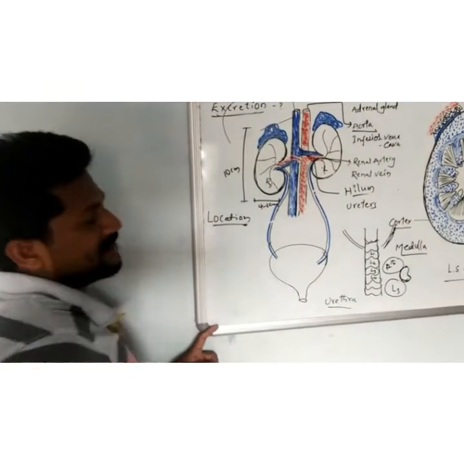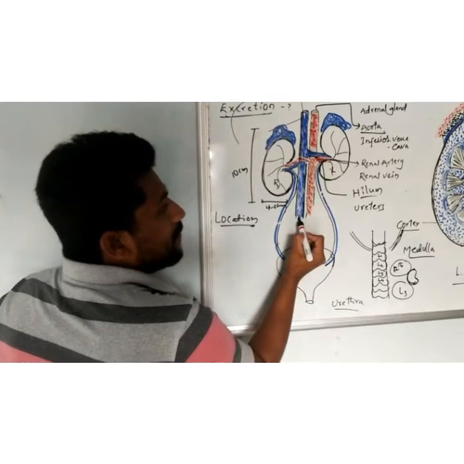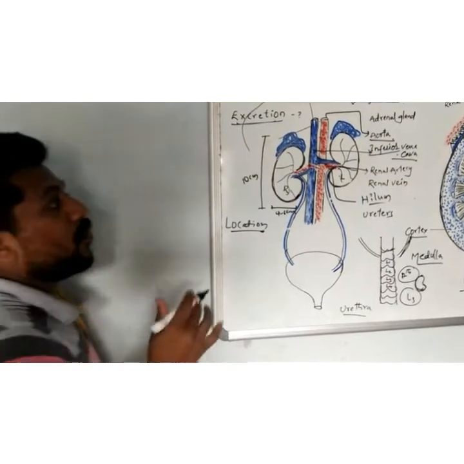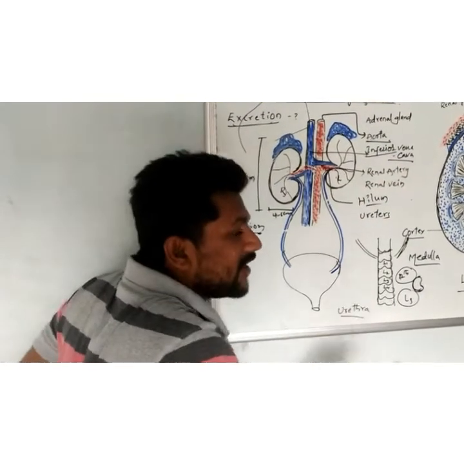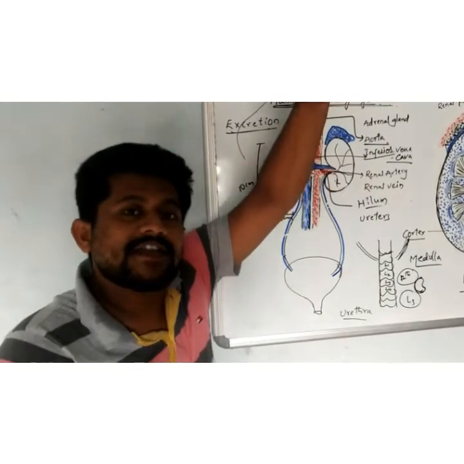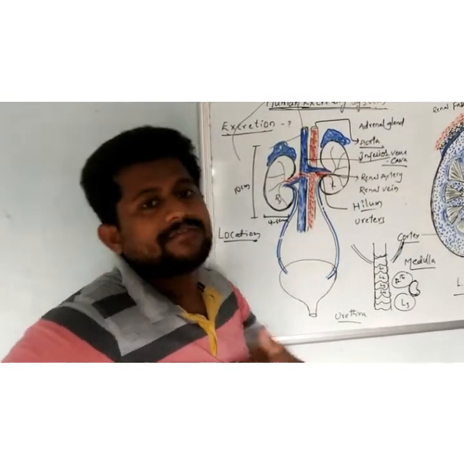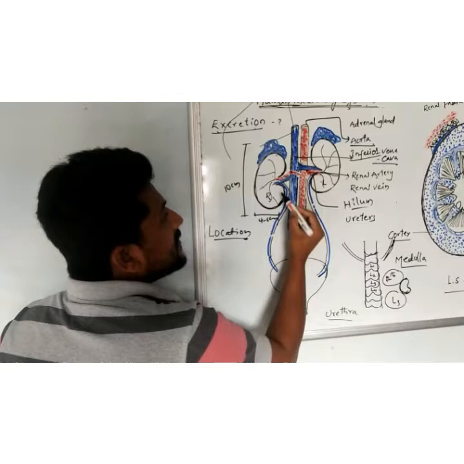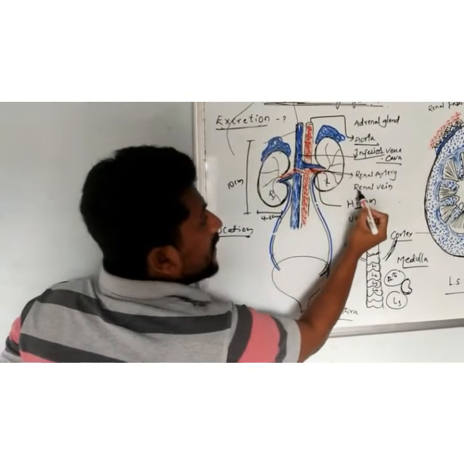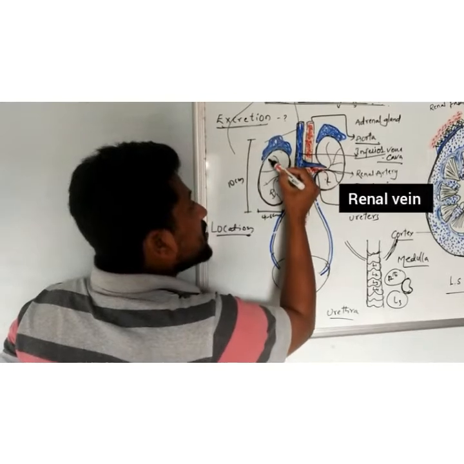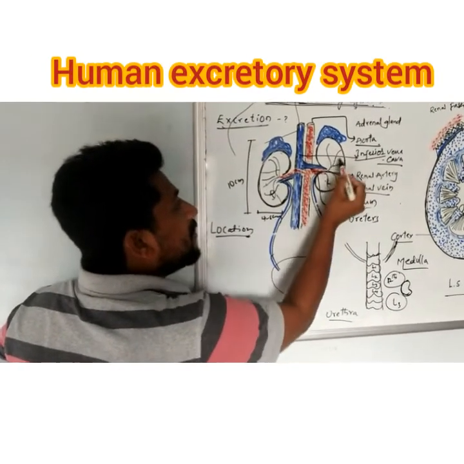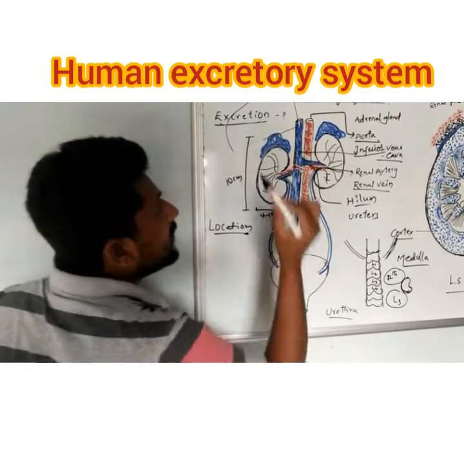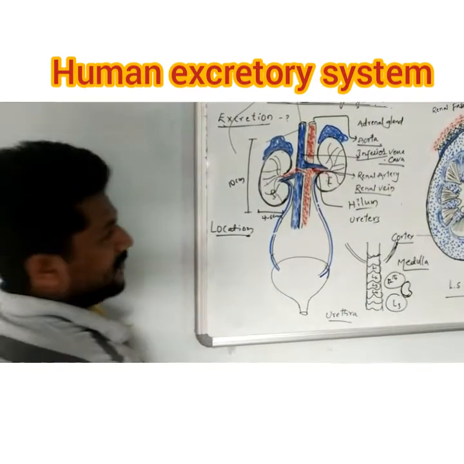This is the inferior vena cava, the blue colored vessel. What is the function of the inferior vena cava? It collects the deoxygenated blood from the lower part of our body. From the kidneys there is a renal vein, which collects the deoxygenated blood from each kidney and joins the inferior vena cava.